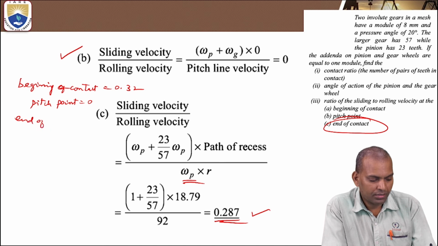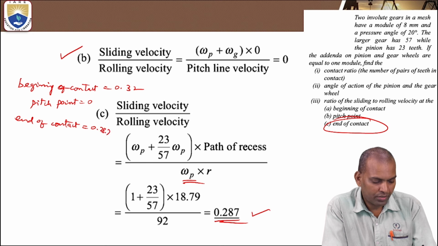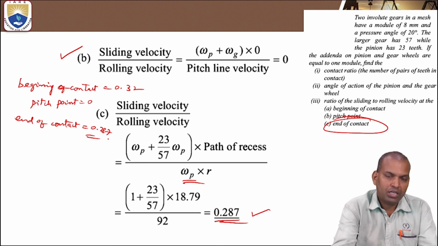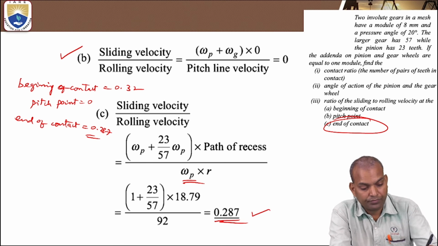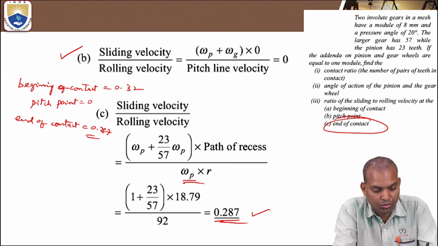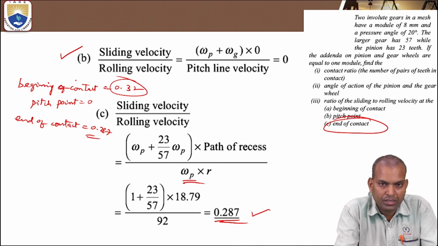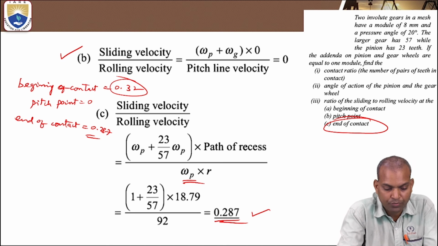At the end of contact, it is 0.287. So the ratio of sliding to rolling velocity at the beginning of contact is more than at the pitch point and end of contact, a larger value.